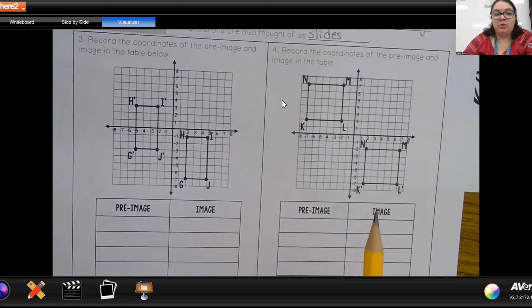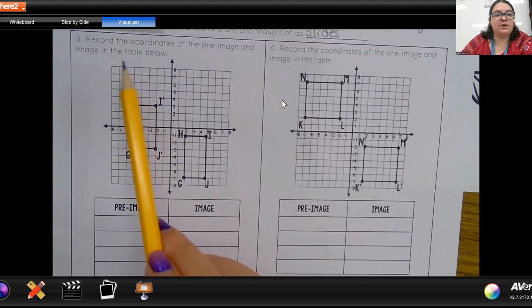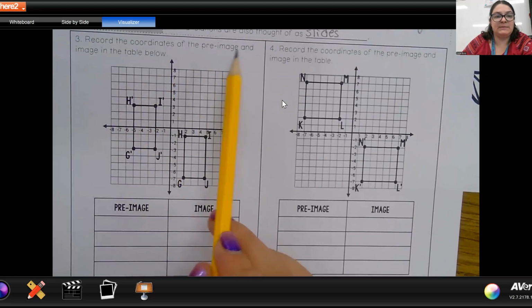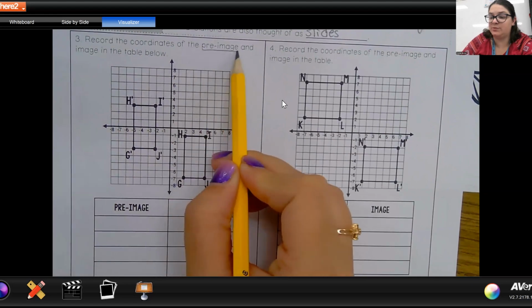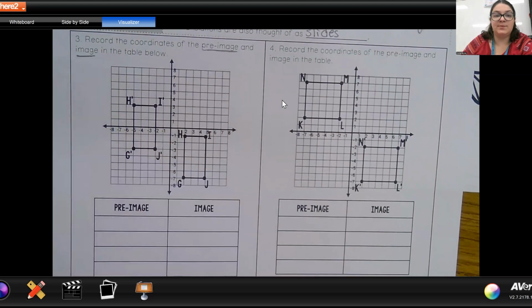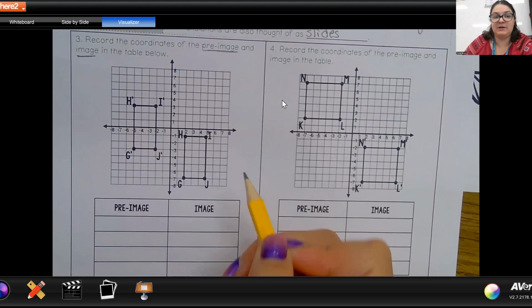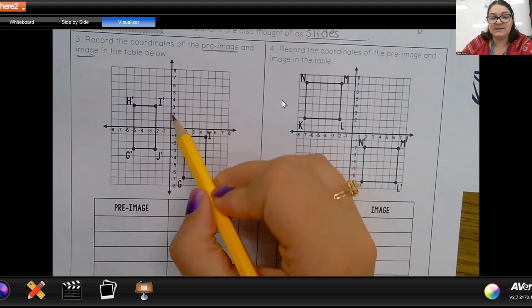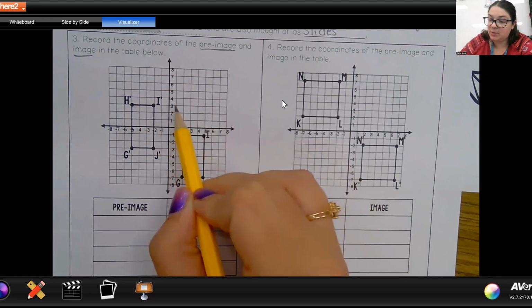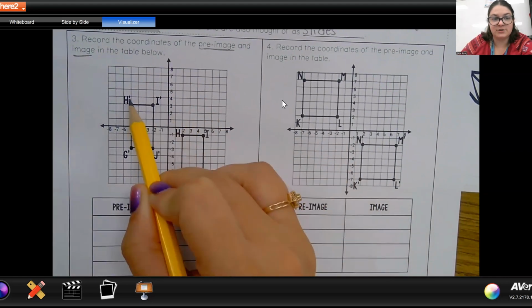Okay. So this says record the coordinates of the pre-image and image in the table. Yesterday I slightly talked about the difference between our pre-image and our image. The pre-image is our original shape, where the image is the shape after it has been moved. You can tell the difference here by this little mark next to these letters.